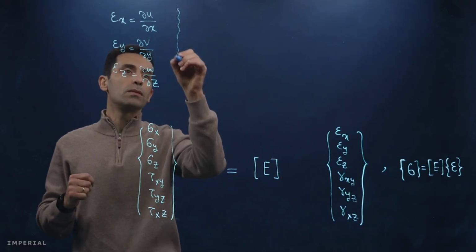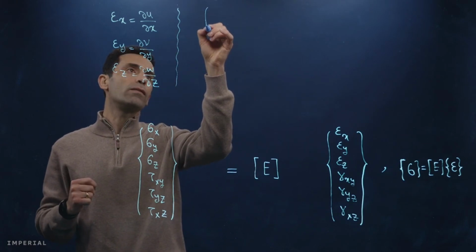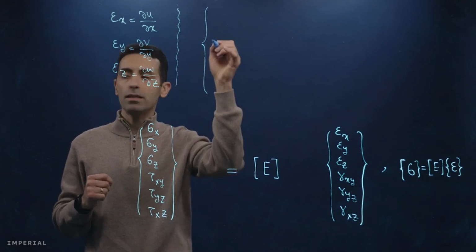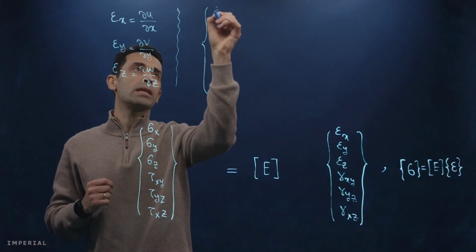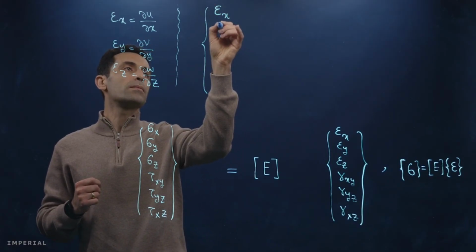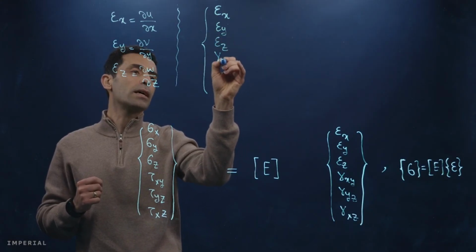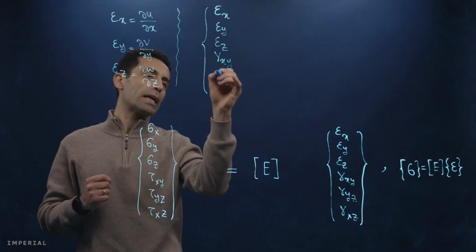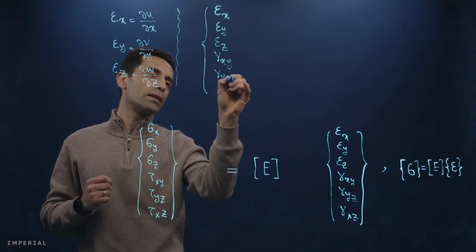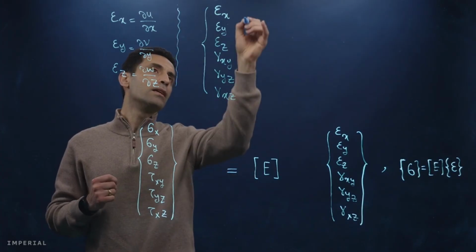So if we have the vector of strains like this, that would be epsilon x, epsilon y, epsilon z, gamma xy, gamma yz, and gamma xz, right?